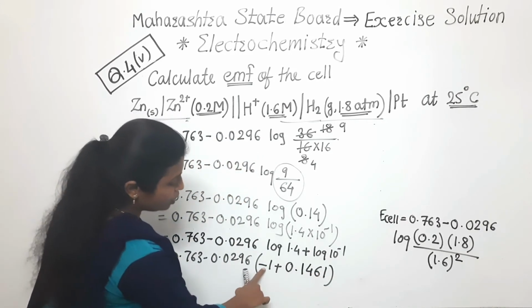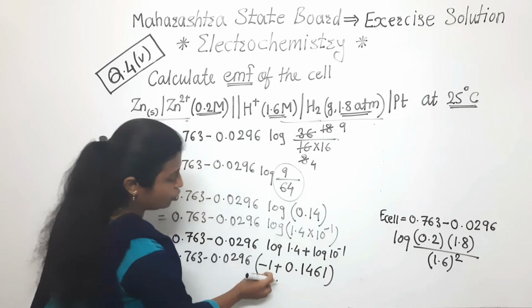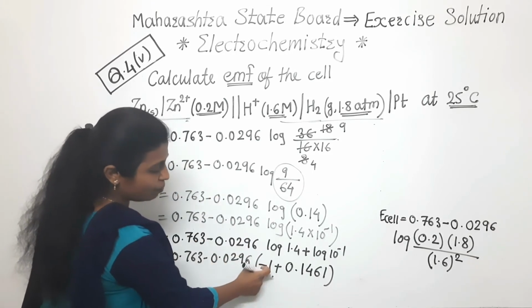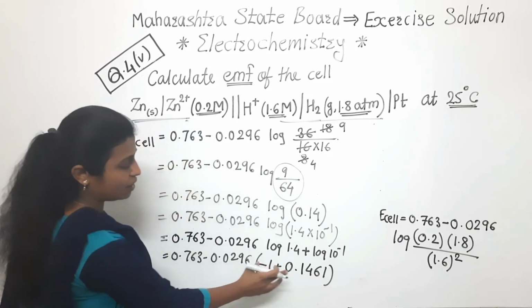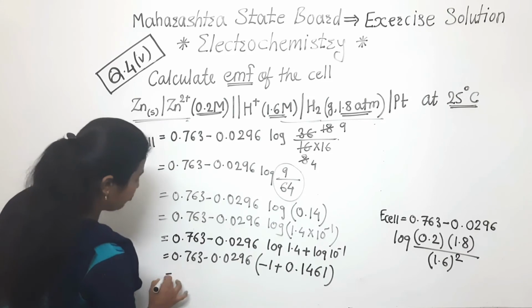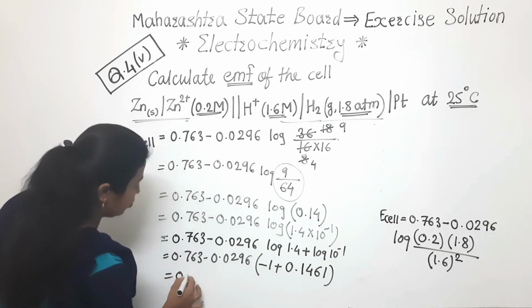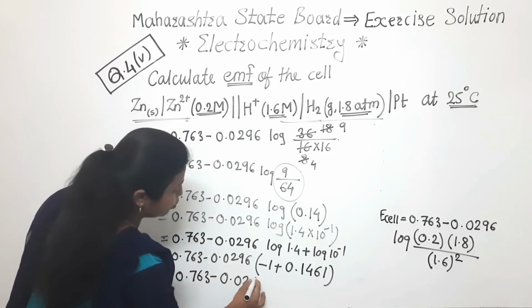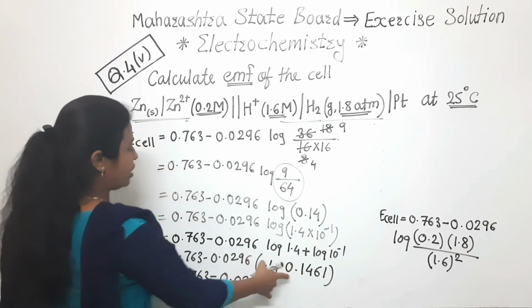Now we have to subtract this value from this one, and we have to give a negative sign because 1 is bigger than this one. So that answer will carry a negative sign. After subtraction we are getting 0.763 minus 0.0296. Just we are subtracting it.